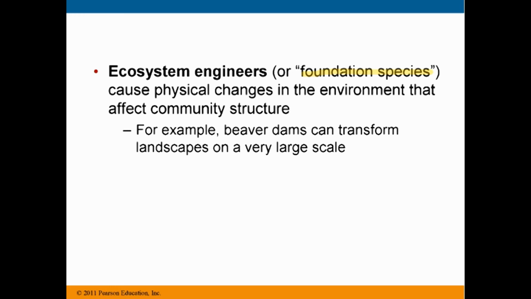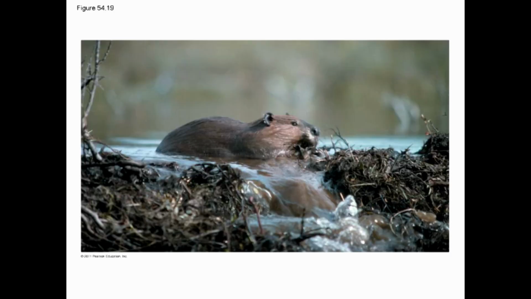The example they give here is that beaver dams can transform landscapes on a very large scale. The organisms found downstream from those beaver dams are going to have a profound change when the dam stops the flow of water or makes it go in a slightly different direction. So it can be a very big effect on the organisms that are downstream.